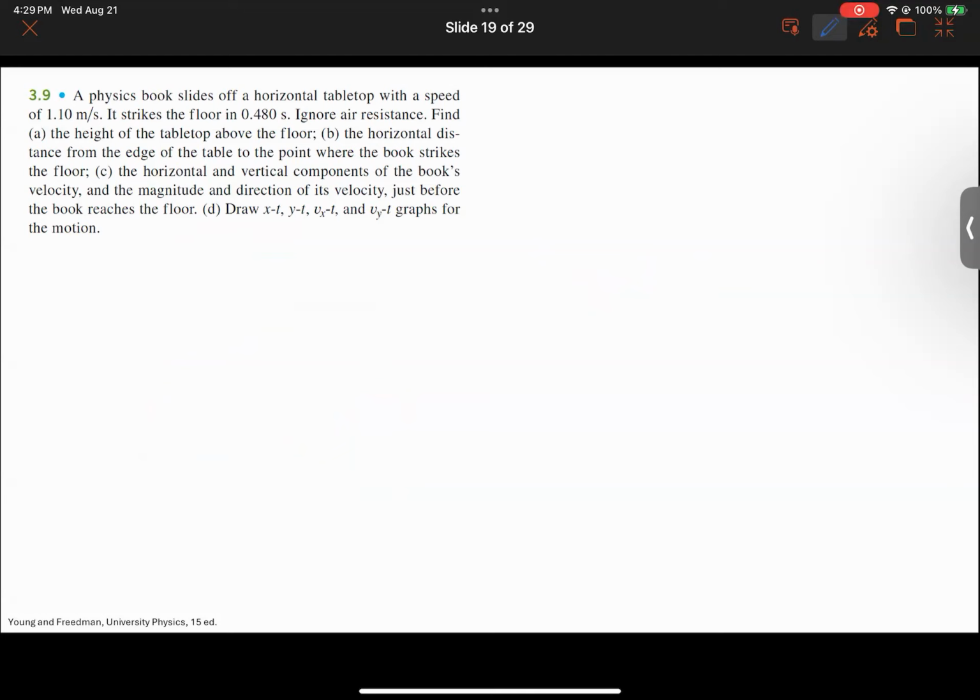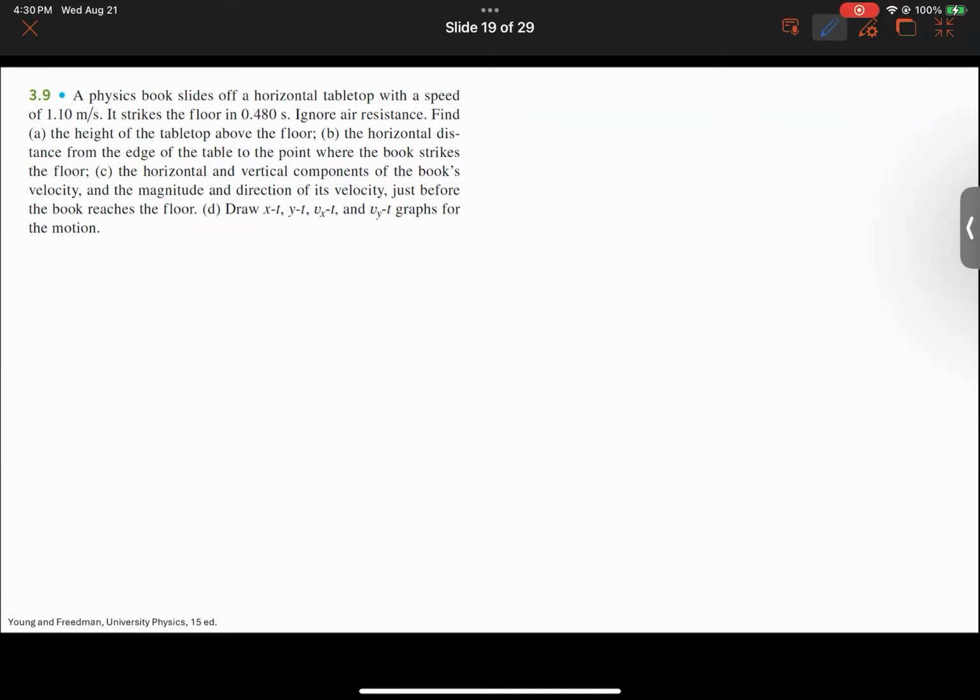A physics book slides off a horizontal tabletop with a speed of 1.10 meters per second. It strikes the floor in 0.480 seconds. Ignore air resistance. Find A, the height of the tabletop above the floor.